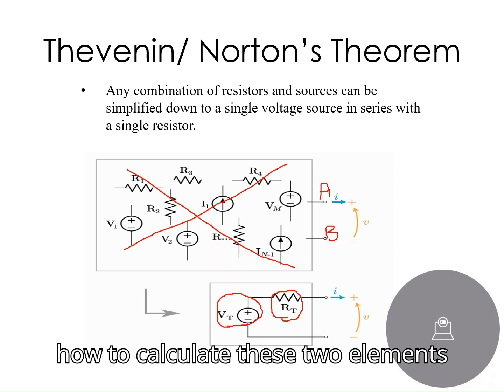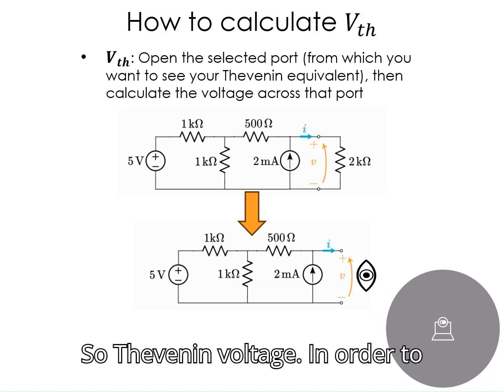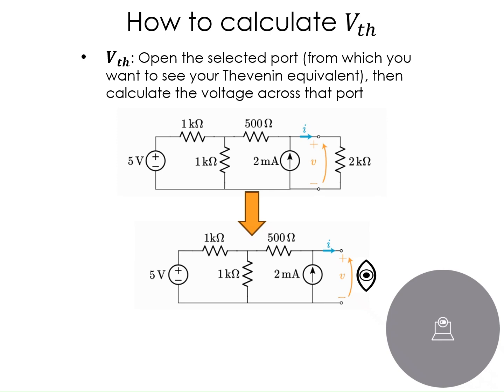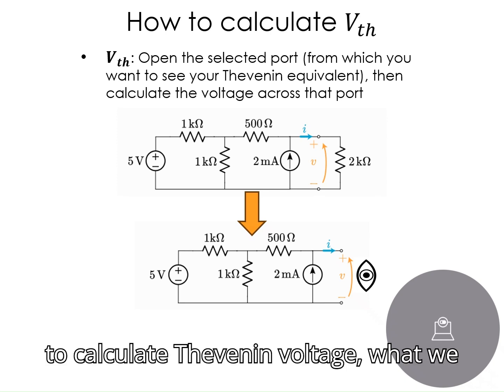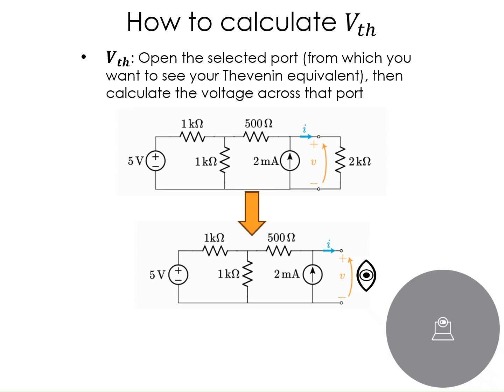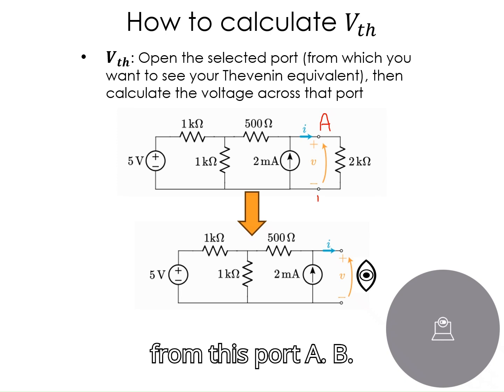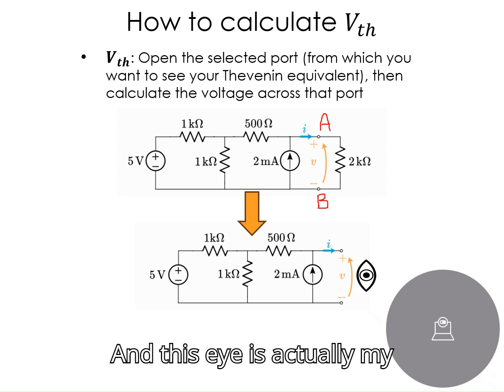Now let's see how to calculate these two elements from a main circuit. In order to calculate Thevenin voltage, we open the selected port. As I said, I'm going to see my circuit from this port AB.